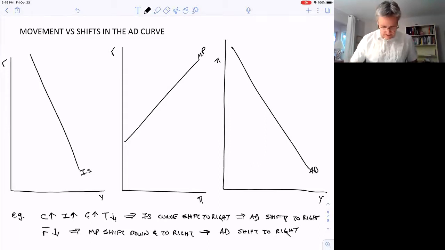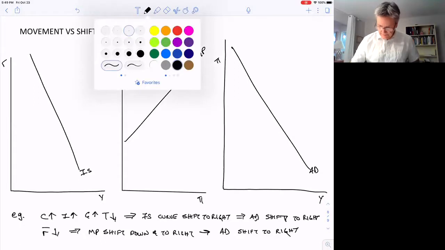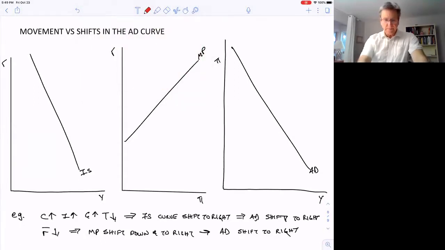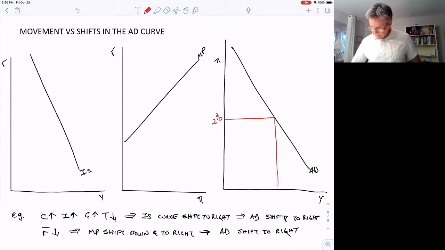So let's draw this out. Let's say we're at 2% inflation. And go over here to the demand curve, and output is lower than potential. We'll call it Y sub L for low.